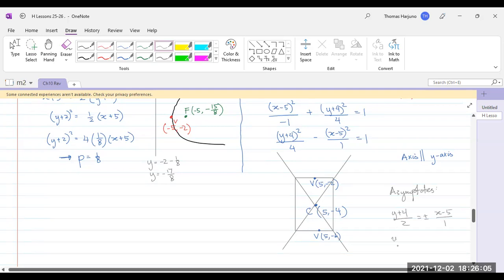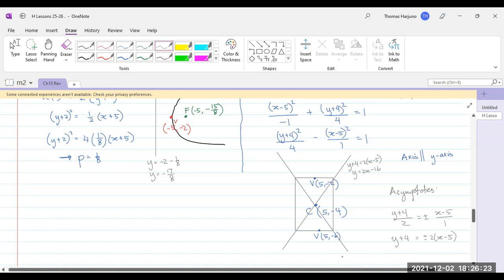Or we can say y plus 4 equals plus or minus 2 times (x minus 5). So this will be y plus 4 equals 2 times (x minus 5), which is y equals 2x minus 14.